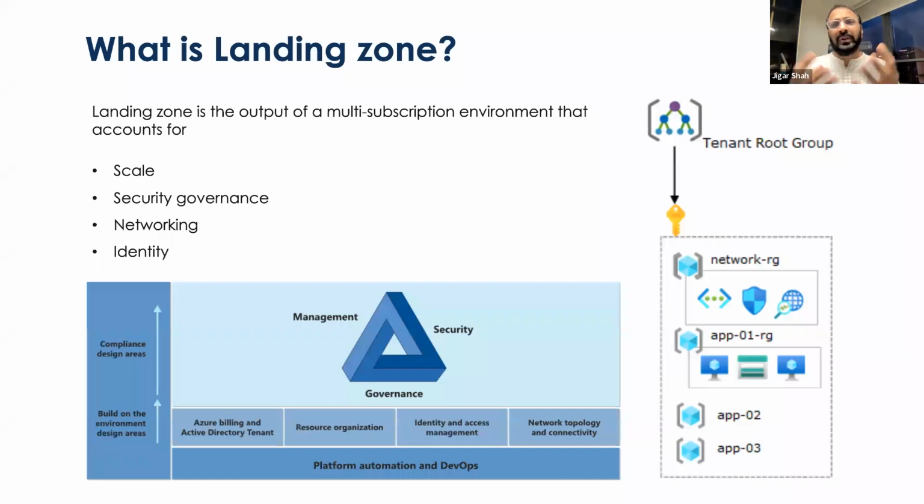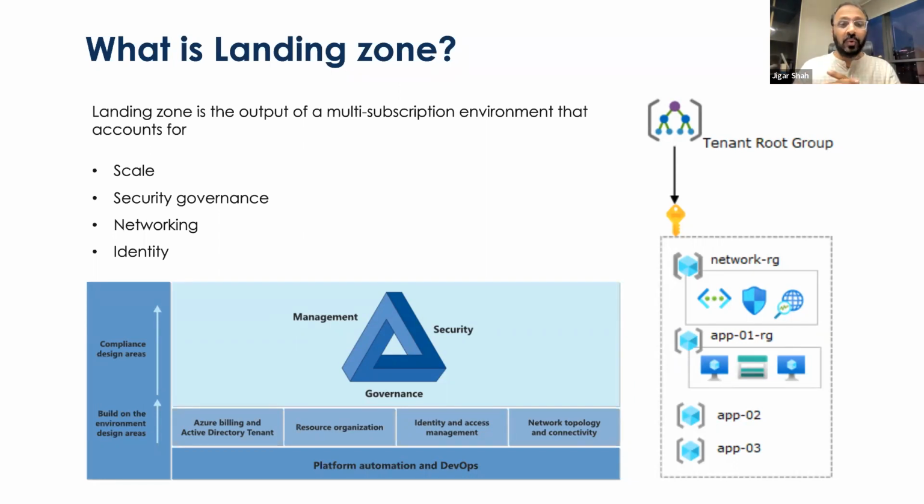Now, when we talk about the landing zone, it's very important to consider our network topology within the landing zone, which comes as a part of the connectivity subscription. And the reason why it's important is because this is where you control your network traffic. If you don't control it, if you keep creating subscriptions and each subscription has its own network connectivity, then it's very difficult for the management group or the IT operations team to know what kind of traffic is flowing between subscriptions, right?